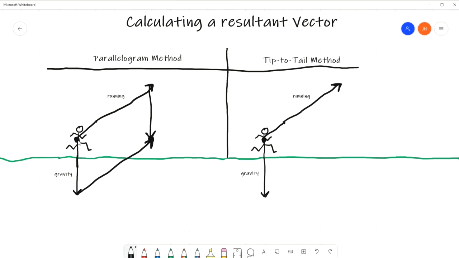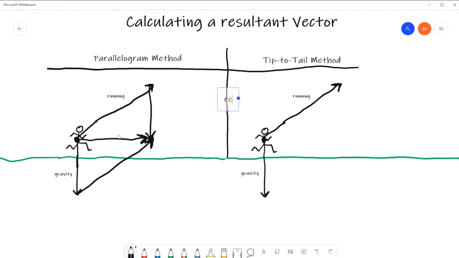So what is my resultant vector? It is going to be 1, 2, 3, 4 units to the right. You can see that this gravity vector combined with this running vector resulted in this resultant vector.